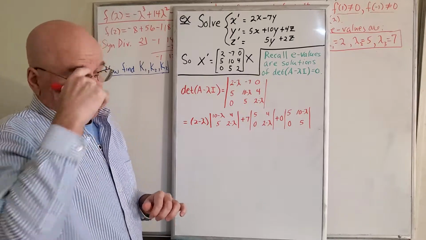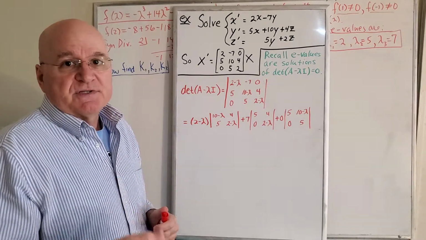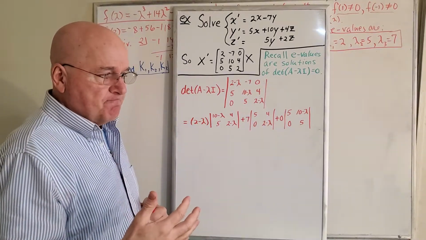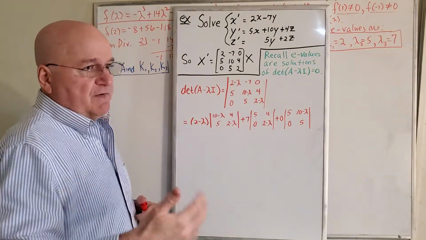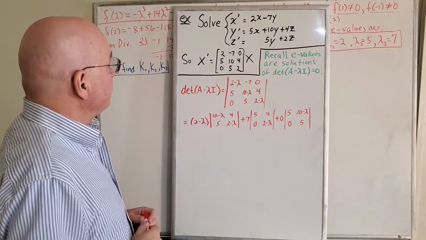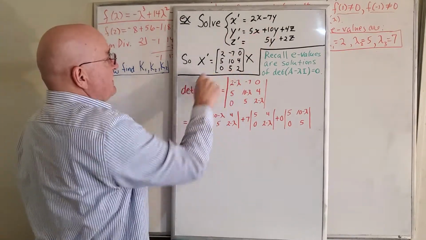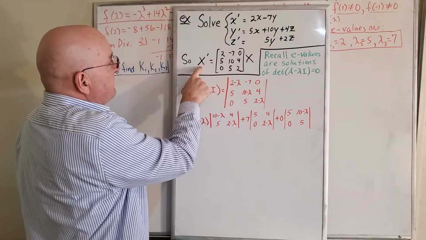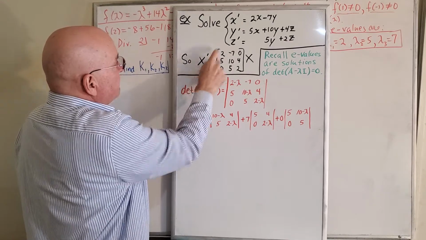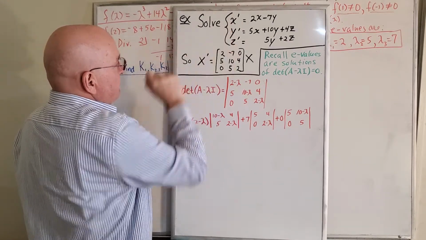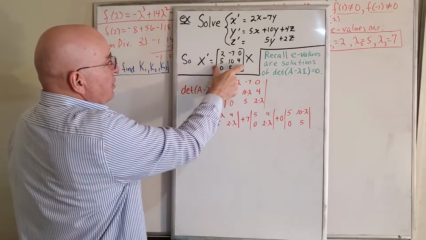First, we want to write it using matrix notation, so we can end up solving it using the previous theorem. This is the equation. This is the three equations. X prime is nothing but the column vector x prime, y prime, z prime. This is our coefficient matrix.